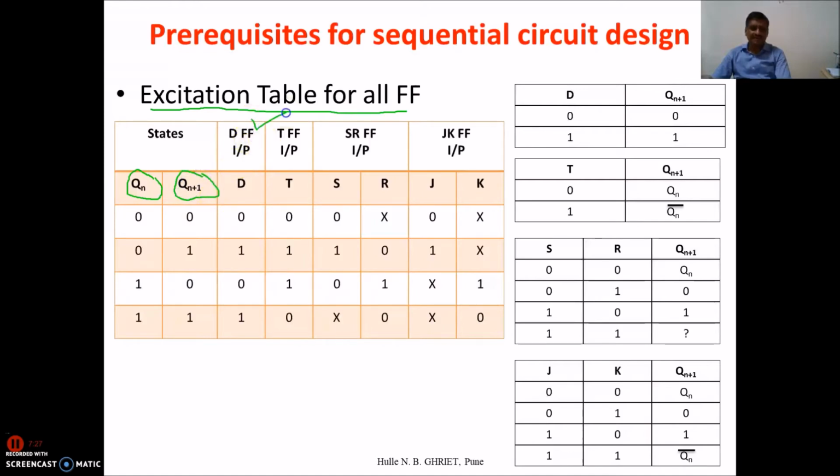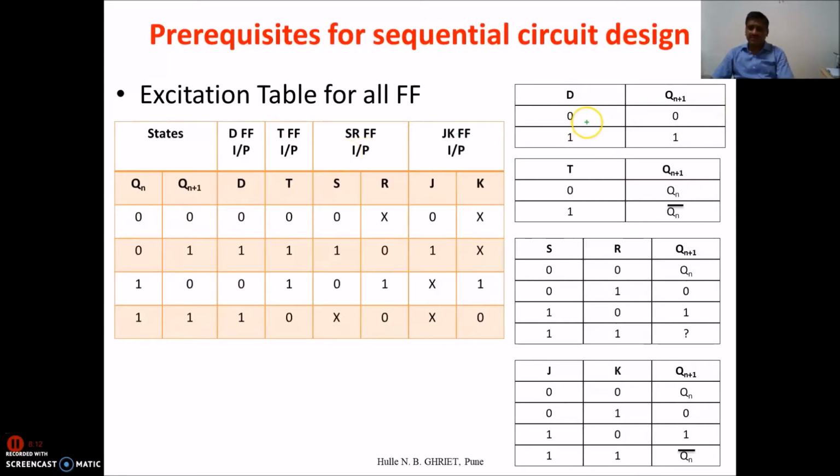And this D input, T input, SR input and JK input are the excitations or inputs applied to the flip-flop so that the present state becomes the new state with application of that particular input. We will discuss in detail.